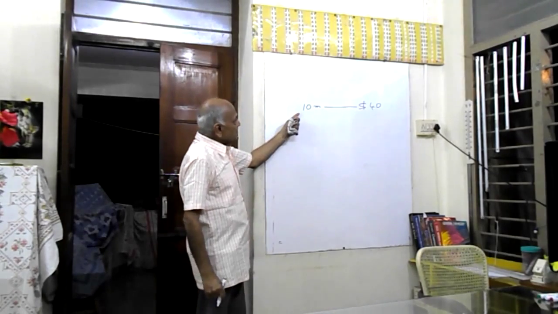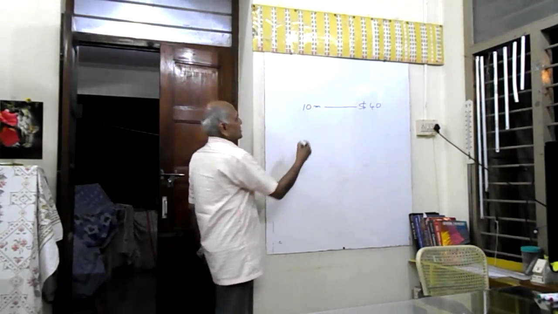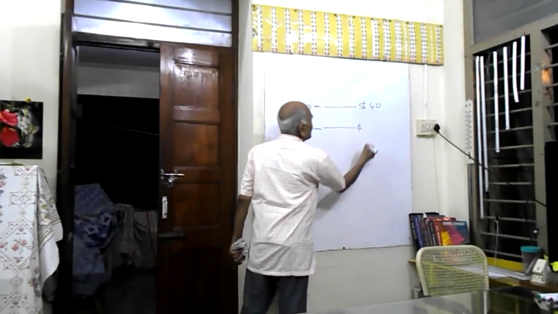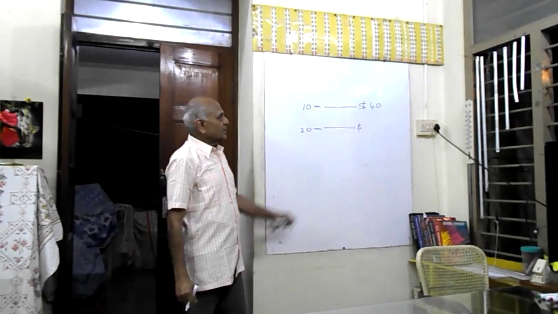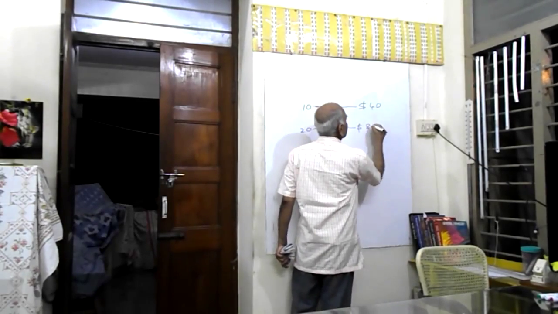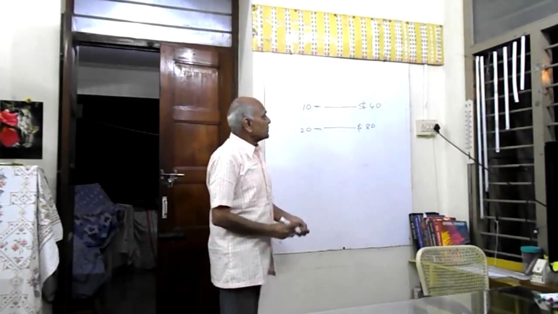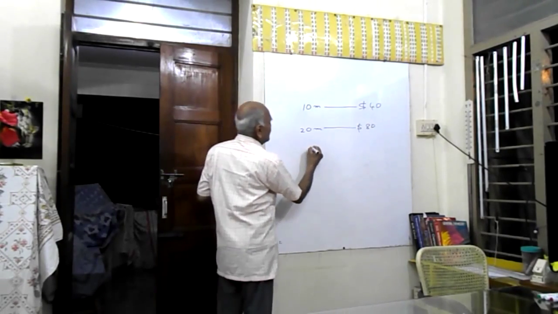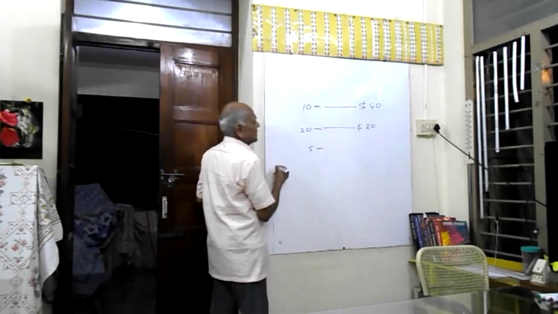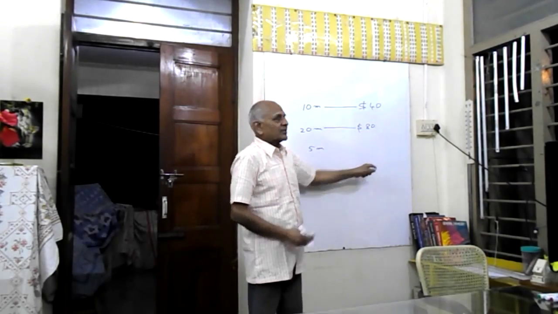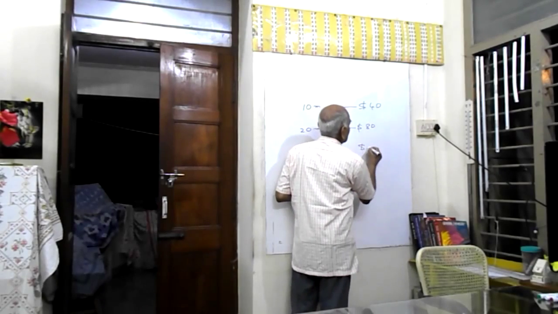If another one buys double that length, say 20 meters, then what will happen to the cost? That will also be doubled. It will become $80. If another person buys half of it, 5 meters of cloth, this cost will also be half. It will cost $20.